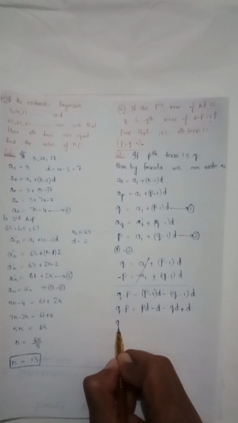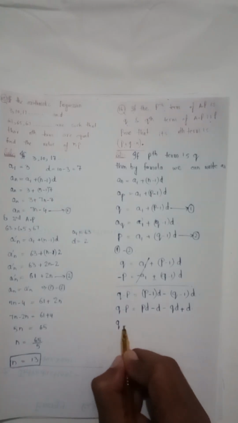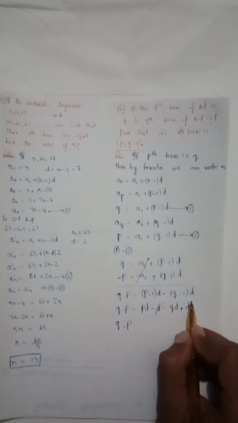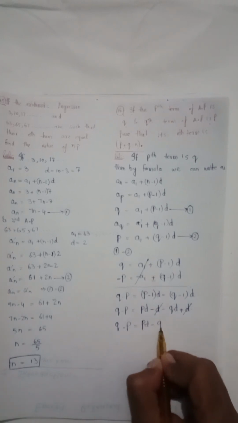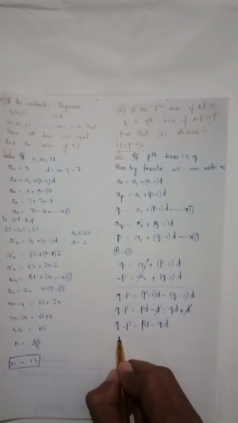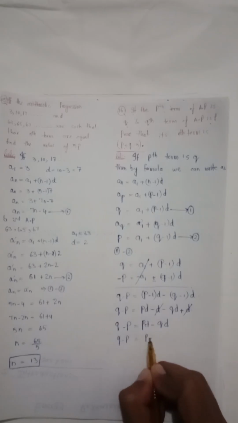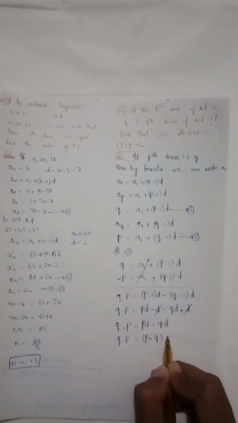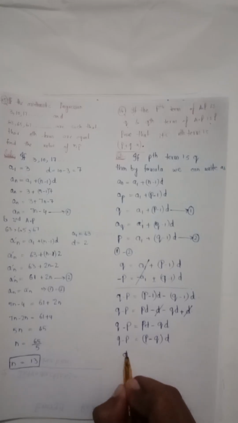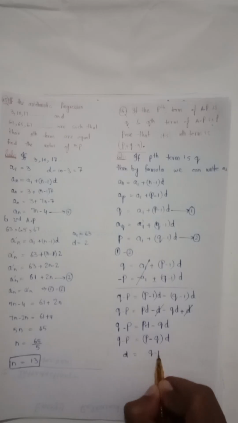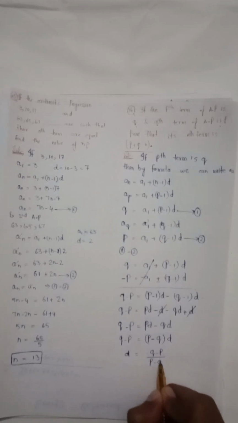Here q minus p equals pd minus qd, and q minus p equals p minus q into d, and d will be equal to q minus p over p minus q.